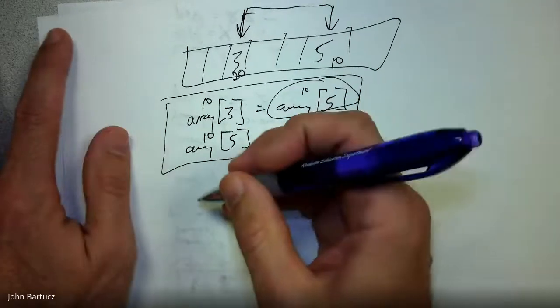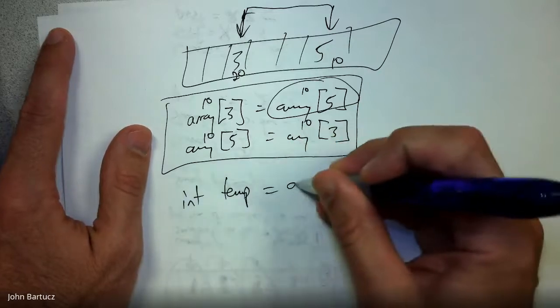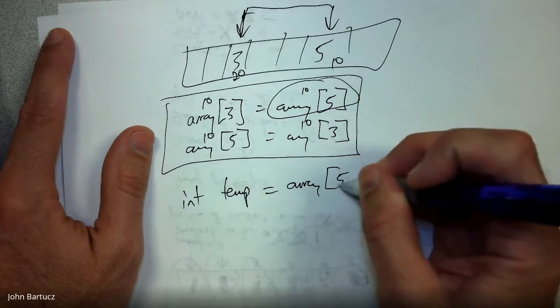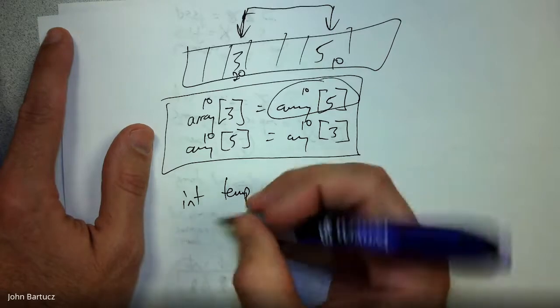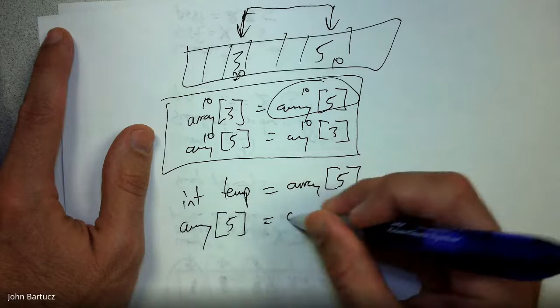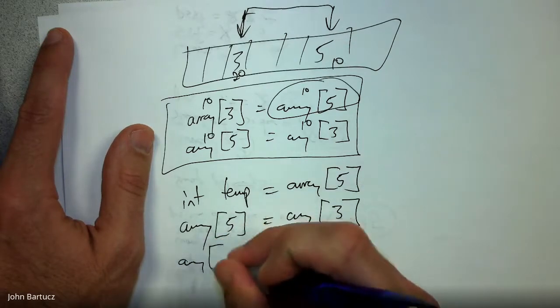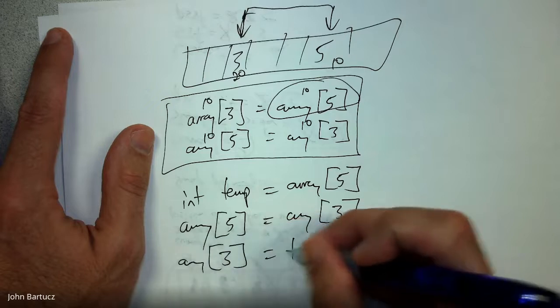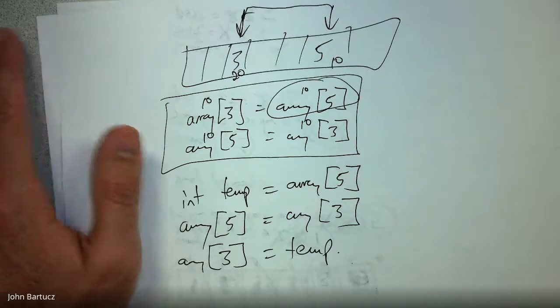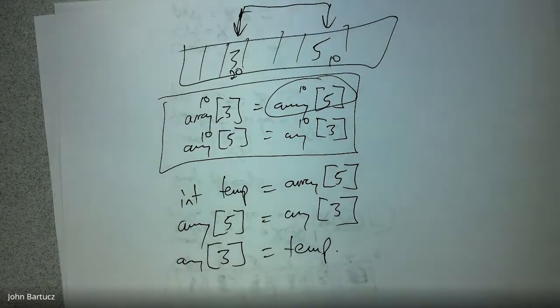So what we need to do first is create a temp value, then set. So anytime you're swapping things, you need to have a temporary holder to put one of the values.